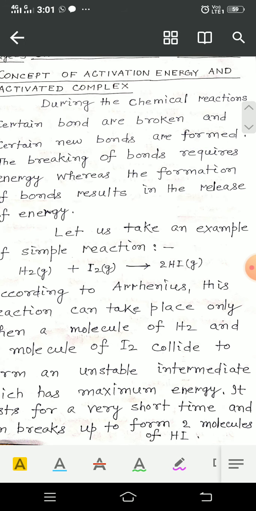Let us take an example of a simple reaction, that is hydrogen in gas form plus iodine in gas form, which gives 2 moles of hydrogen iodide.